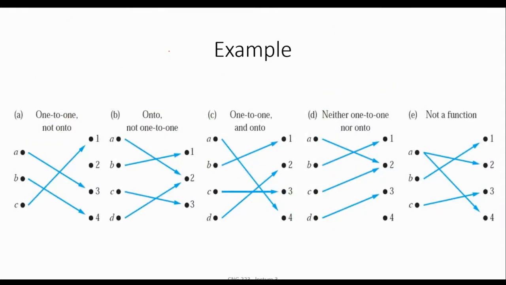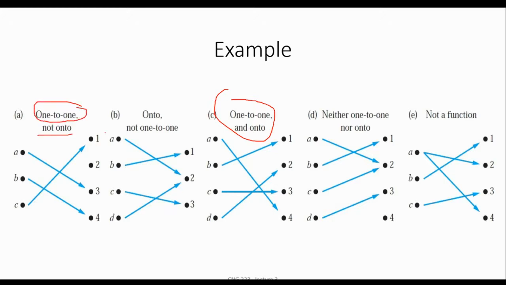Now let's take a look at this example, which is very important in order to distinguish between all the things I just mentioned. For the cases that are one-to-one and, for example, onto, you have already seen that. But this one, for example, is one-to-one but not onto.